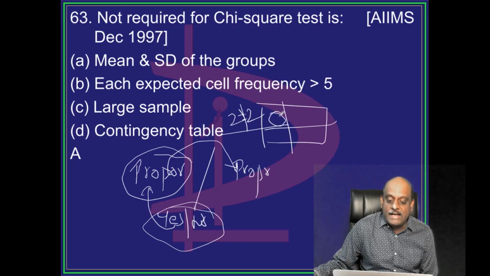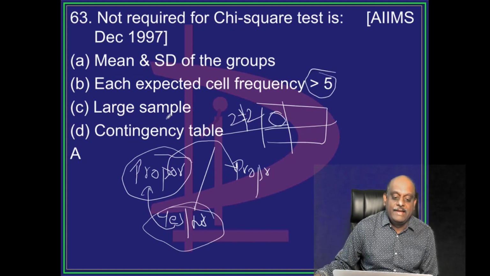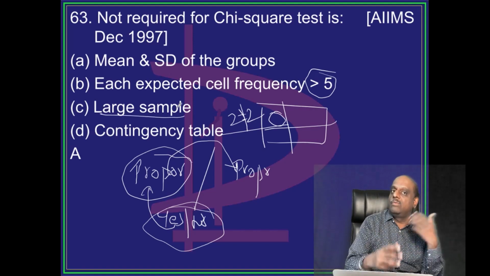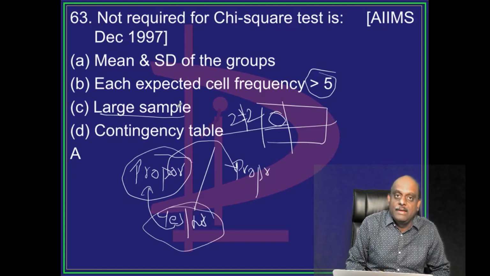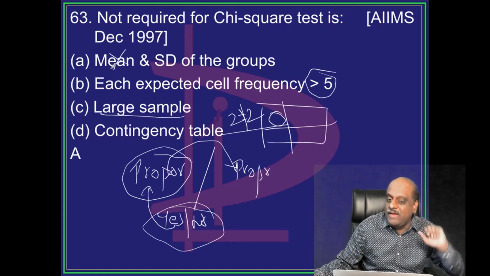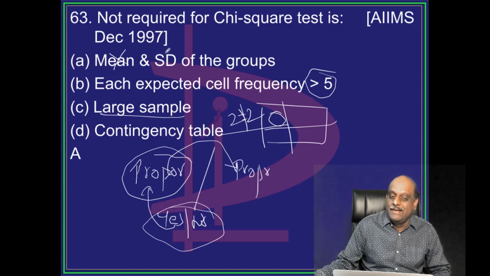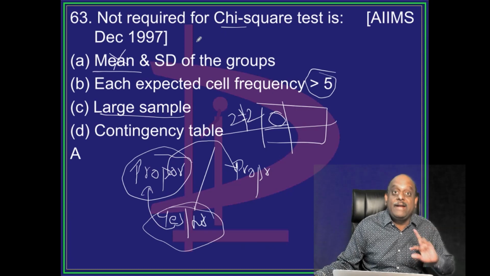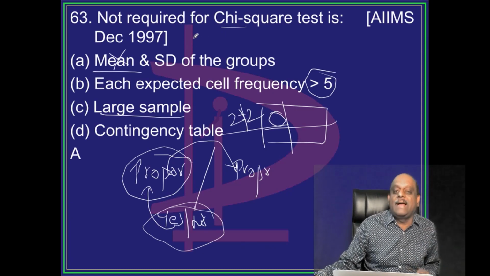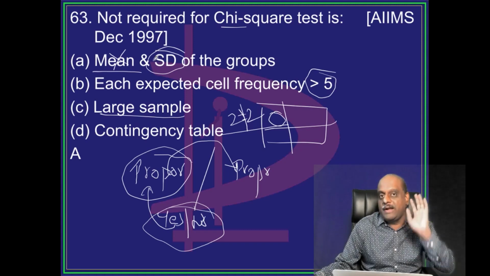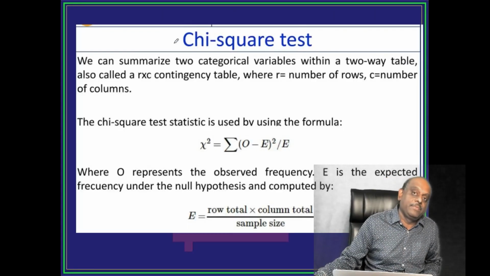Each expected cell frequency should be more than 5. It requires a large sample because you are taking yes or no from a population. It doesn't want mean because it is not continuous variables where you use chi-square. Mean होता है continuous variable में. Chi-square is used for a discrete variable where yes or no is the answer. So mean and standard deviation of the group is not required for chi-square.